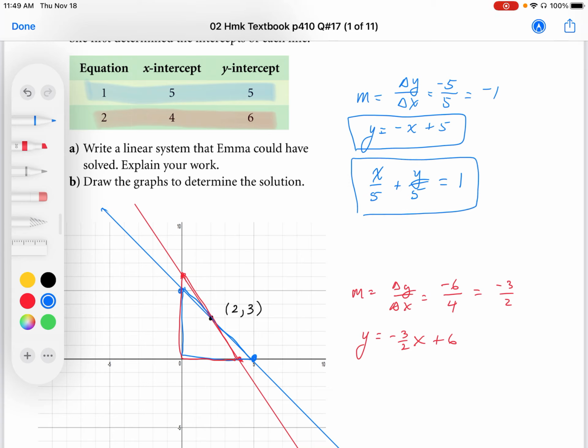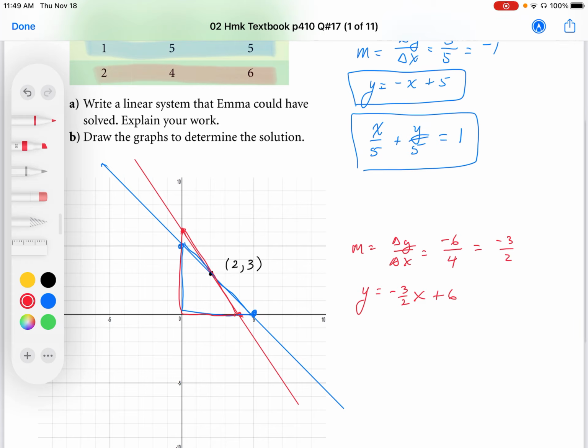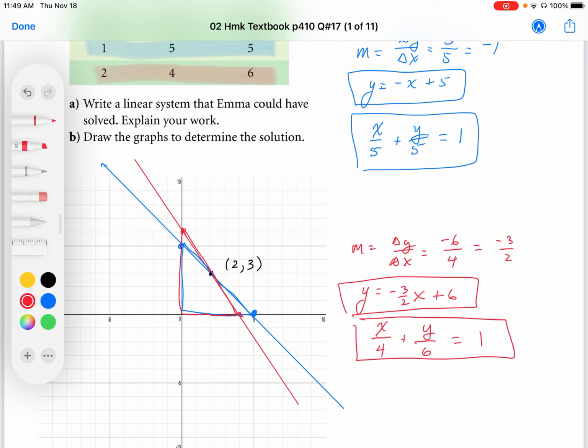These are equivalent equations. I can do the same for the red line. It's going to be x divided by the intercept, 4, plus y divided by the intercept of 6, and that's equal to 1. So this is our slope-intercept form, and this is the intercept form. And again, those are the exact same equations.